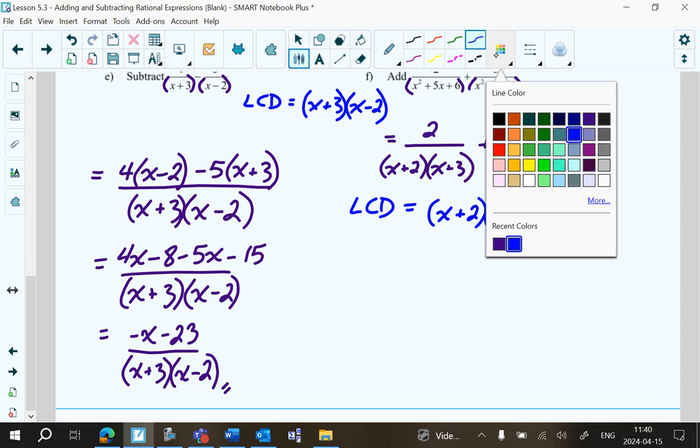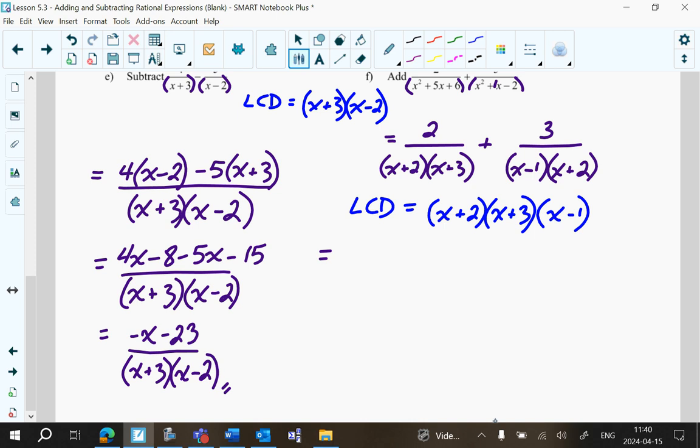They look complicated. There's lots of numbers, lots of x, lots of operation symbols.